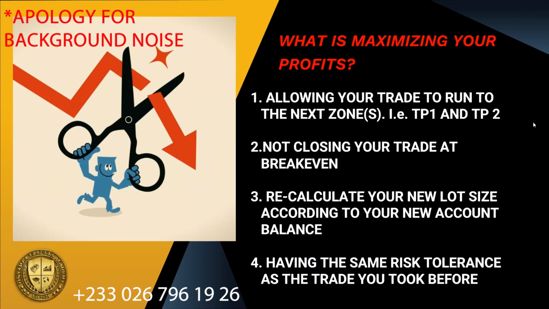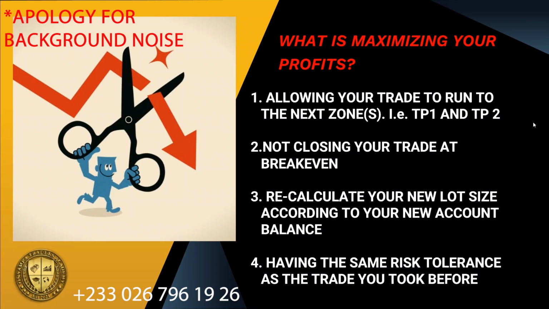The next trade that you would like to take with a new lot size is based on your new account balance. Your new account balance is $990. So now you would have to calculate your risk tolerance, which is 1% of $990, which will make it $9.90. This is what you're willing to risk. So make sure that you recalculate your new lot size according to your new account balance.